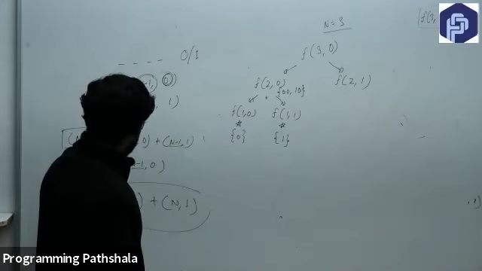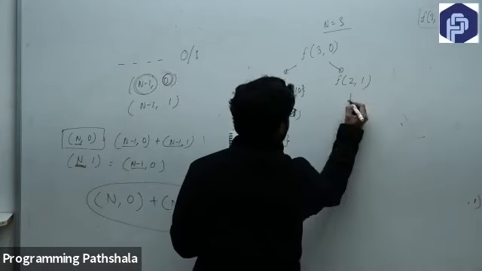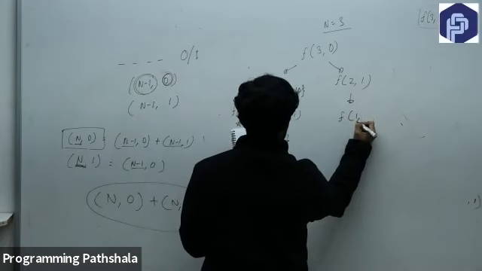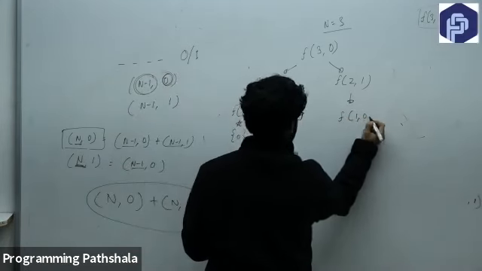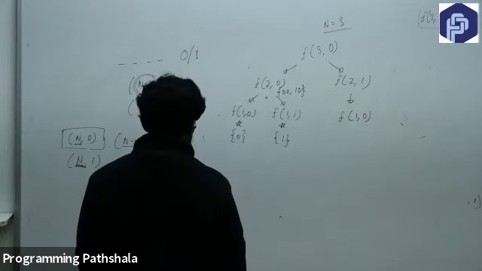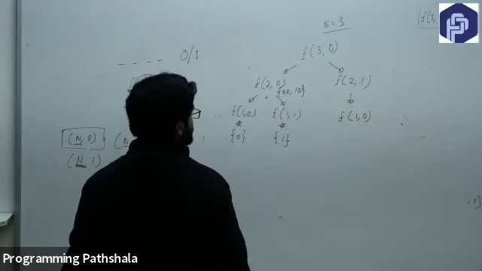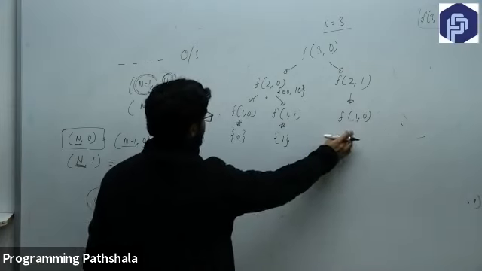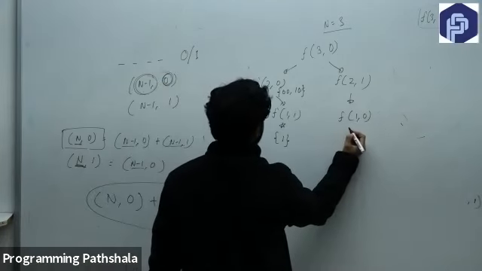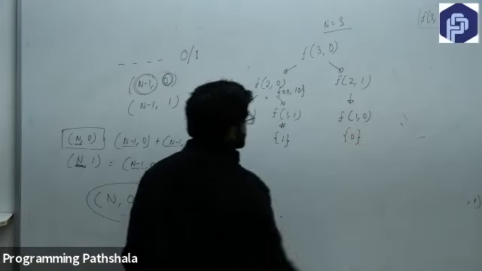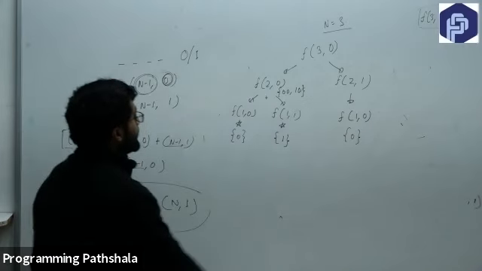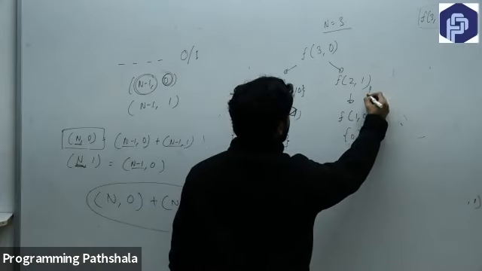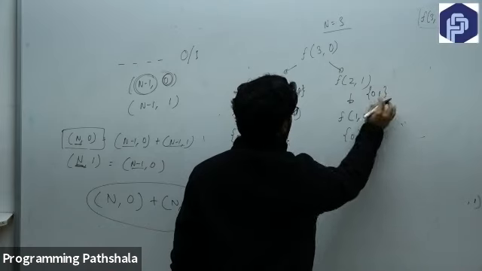So f of 2, 1 will call f of 1, 0. And when it calls f of 1, 0, tell me what happens. F of 1, 0, what is it going to return? F of 1, 0 is going to return 0. Okay. And then this will basically append 1 after this.